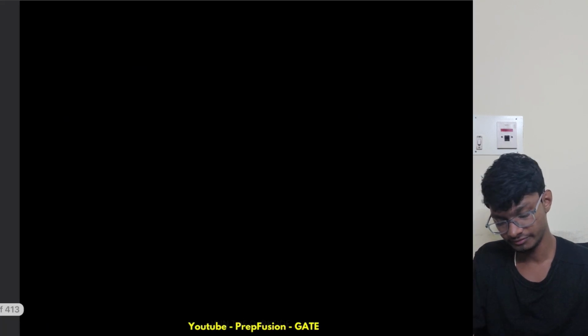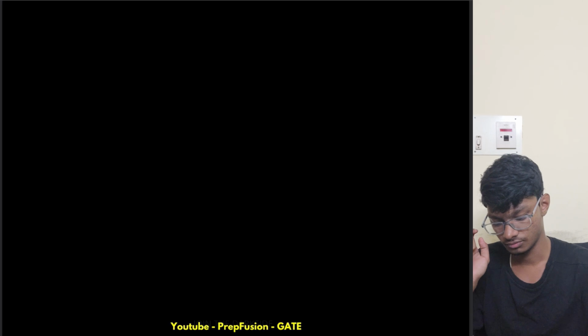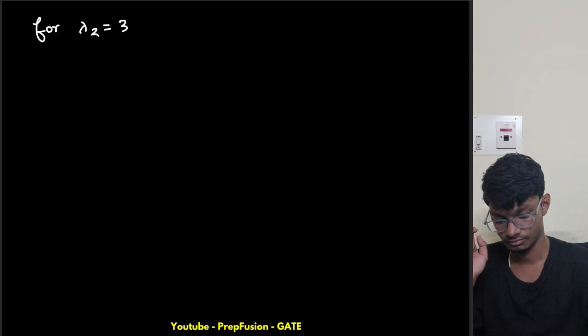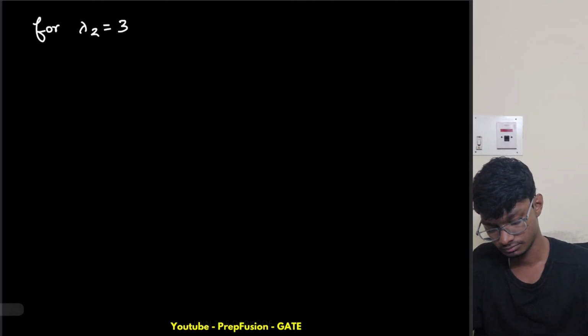So we get my v1. Now I will find the eigenvector v2, for the eigenvalue equals 3. Again I will write the same equation like this one.